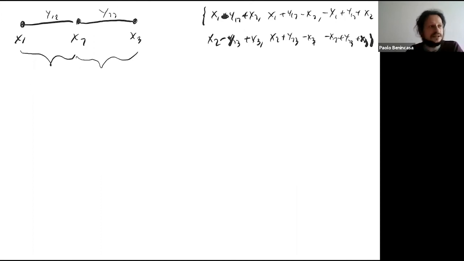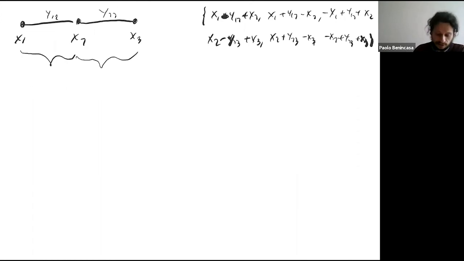Now, let's say that I want to study the structure of the wave function associated to this object. And let's say that I'm interested in studying one by one all the residues of the singularities.